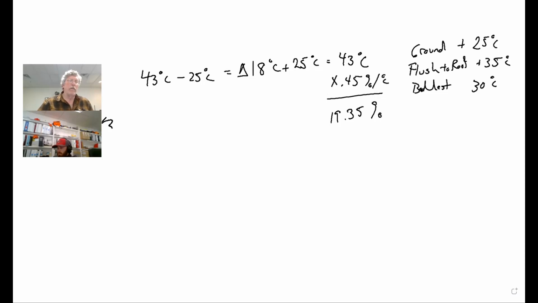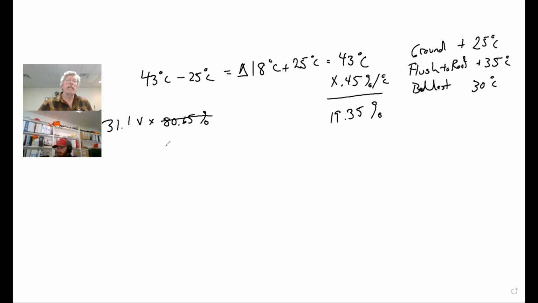So I'm going to multiply 31.1 volts times 100% minus 19.35%, or basically 80.65%.